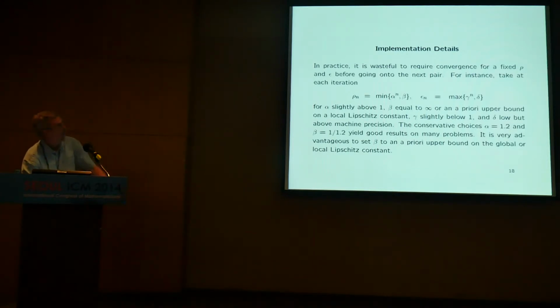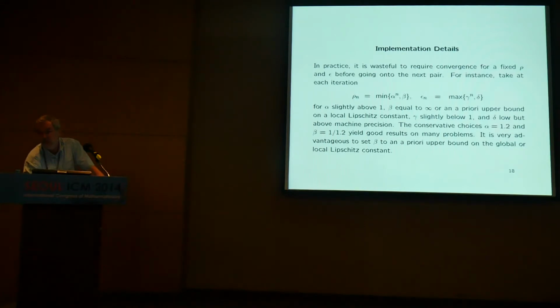Now, what do we do in practice? In practice we take our penalty constant rho, which, I don't know if I said it, has to exceed the Lipschitz constant of the objective function. So there's some kind of controlled behavior of the objective function. It doesn't have to be convex, but it has to be at least locally Lipschitz. So we take rho slowly up, and we take epsilon slowly down. As I said, this works in practice.